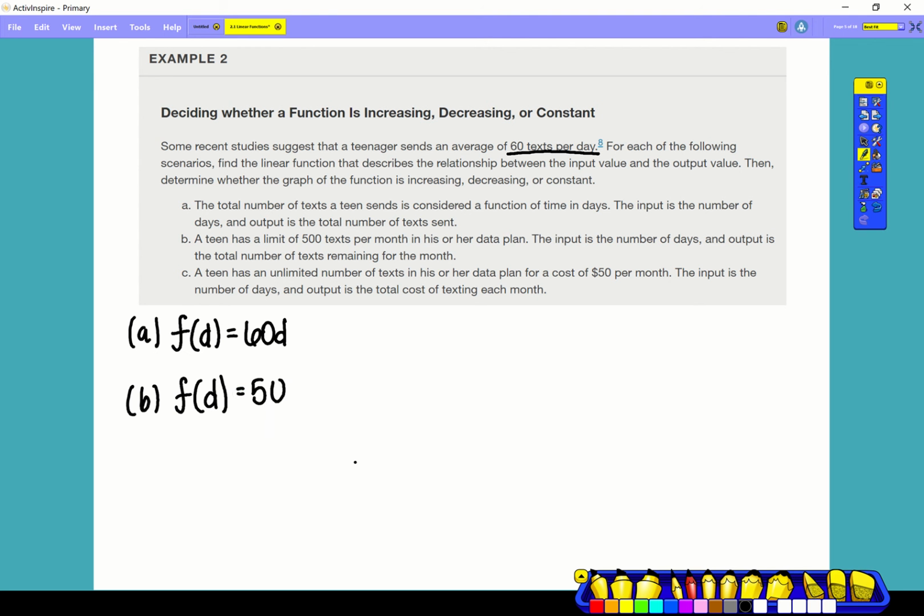So if you start out with 500 and you use 60 per day, on average, then this is what it would be for a month.